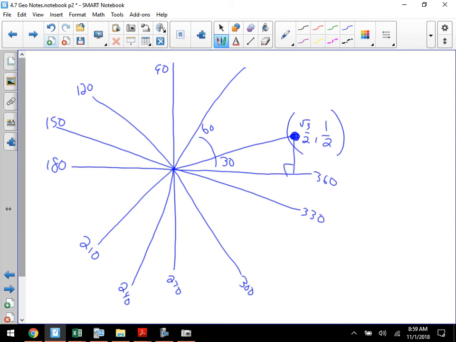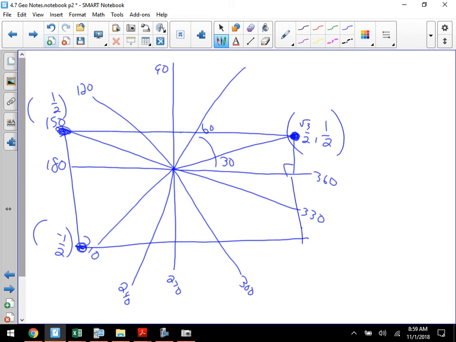Okay. So if I move that to here, my y value stayed the same, didn't it? So it's still something 1/2. If I move that value to here, I reflect it, my y value is negative 1/2. I move it over here, it's still the same line, it's something negative 1/2.